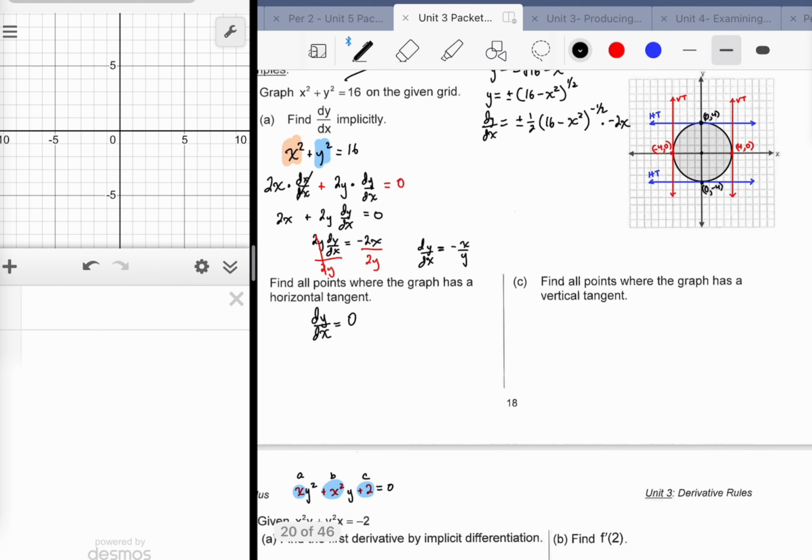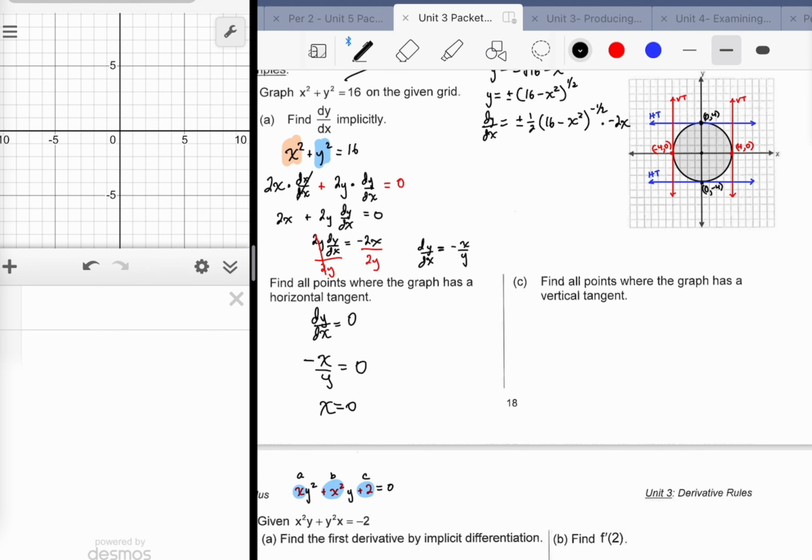So I would say negative x over y is equal to 0, and then solve for x. You can solve for either variable. It just naturally works out that x is the choice here, because when you cross multiply, the y cancels away. You're left with negative x equals 0, which means that x is equal to 0. So any instance on the graph where x is equal to 0 would have a horizontal tangent.